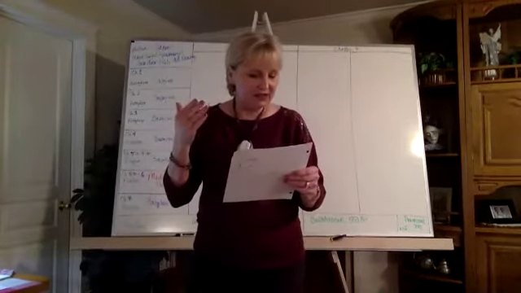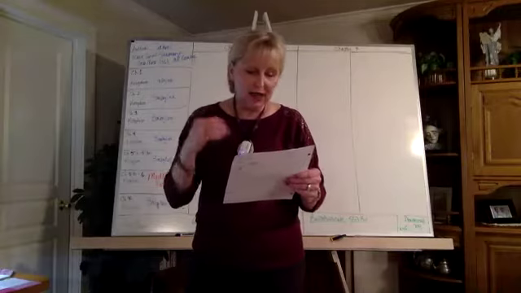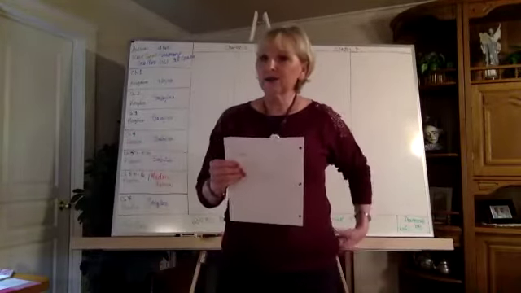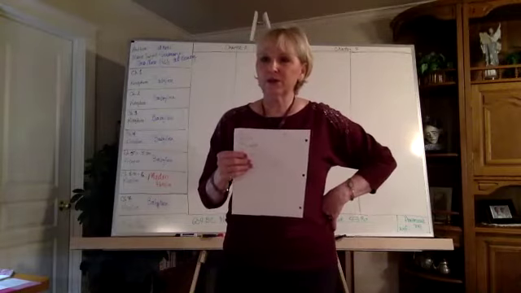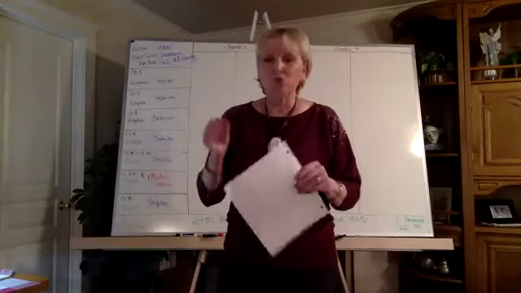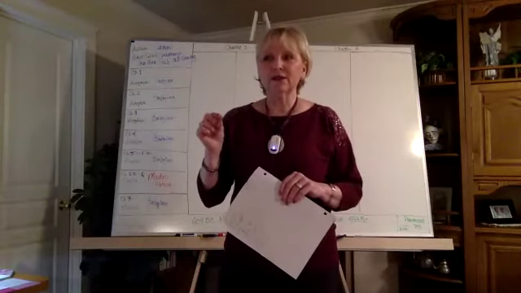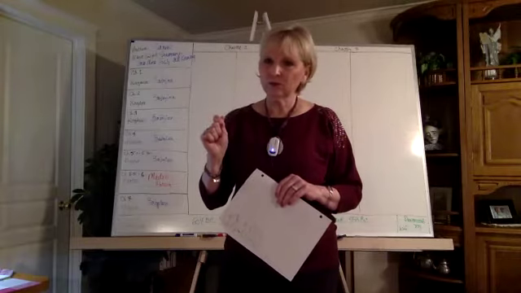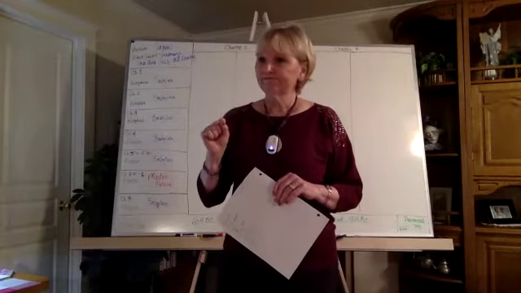Time references, at-a-glance chart, identifying the literary style, which we know is what? Our literary style for this book? That's right, prophecy and history. And why is it important to identify the type of literary style we're working with? There you go.